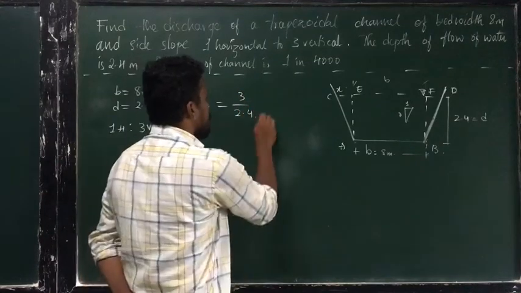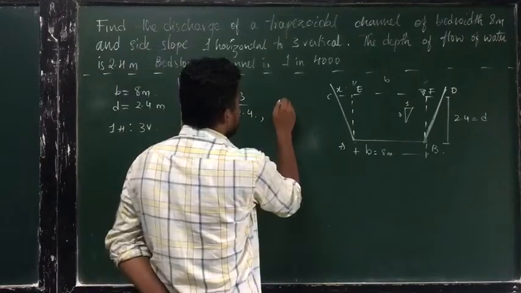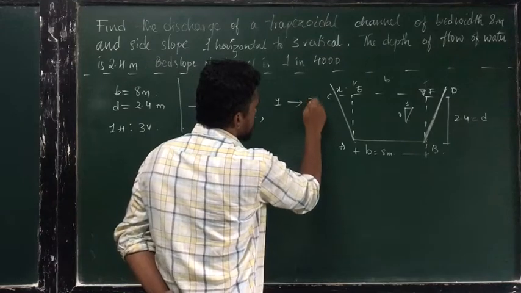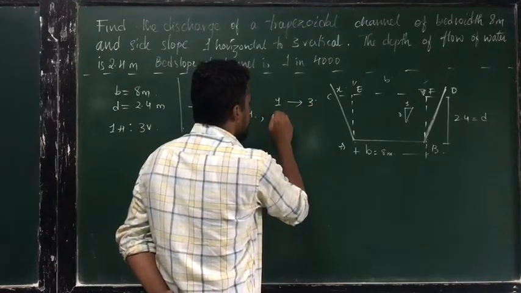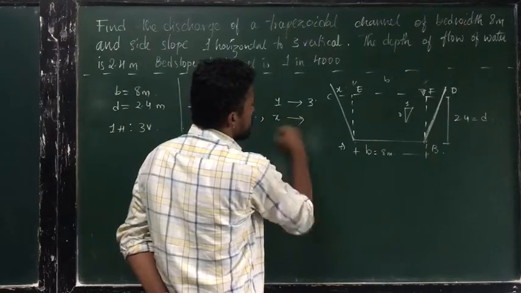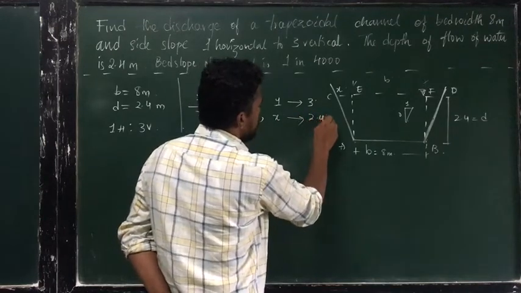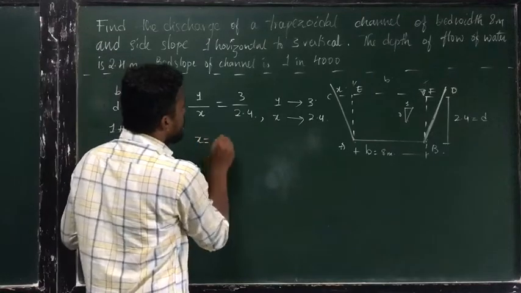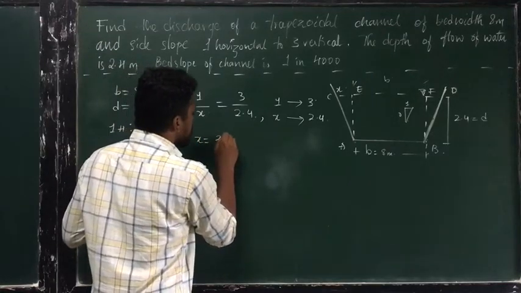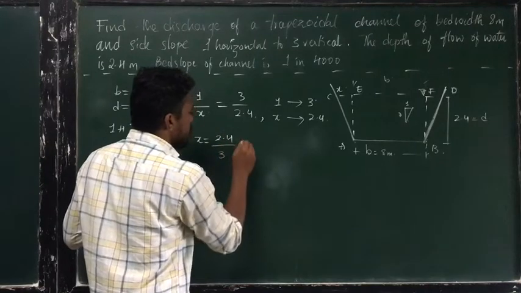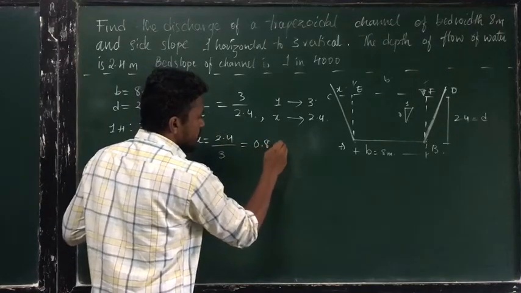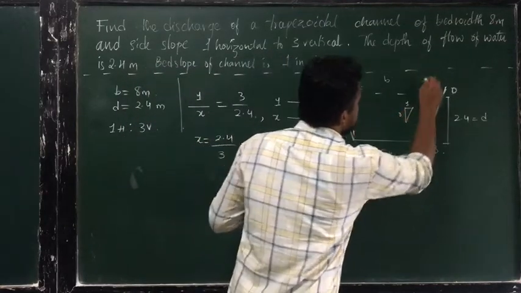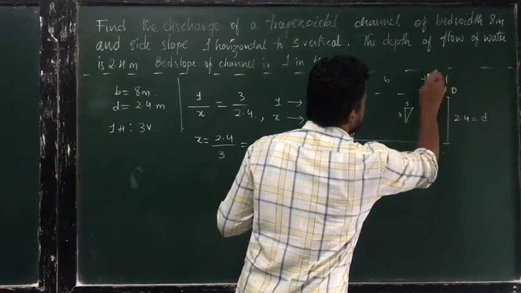Or you can use: for 1 horizontal it is 3 vertical, for x horizontal it is 2.4. You can use any one method. So now x is equal to 2.4 by 3, which is 0.8 meter. That means this distance is 0.8 and this distance is 0.8.